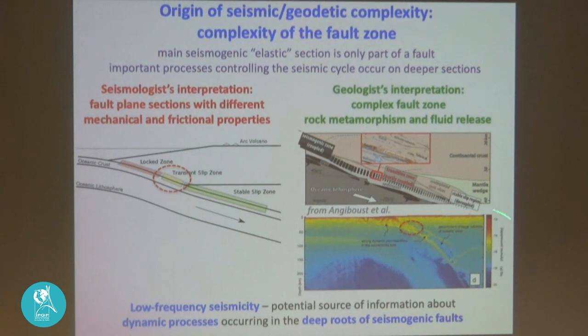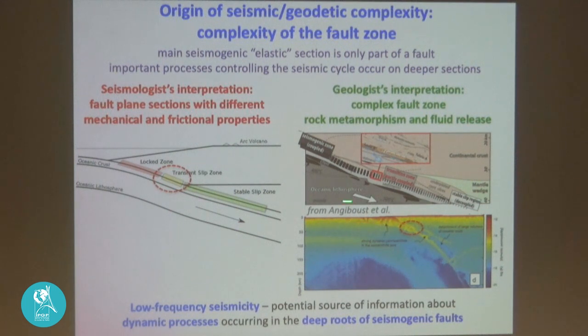I will not go into details of these figures, which are from papers by Samuel and Jebust. This figure shows that tectonic and geological modeling actually predicts that there are a lot of fluids within these fault zones, released by different metamorphic reactions.